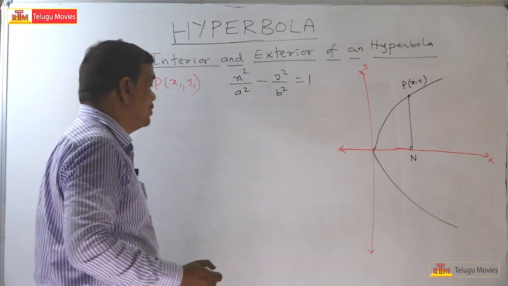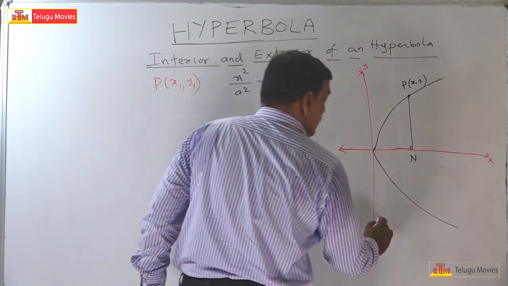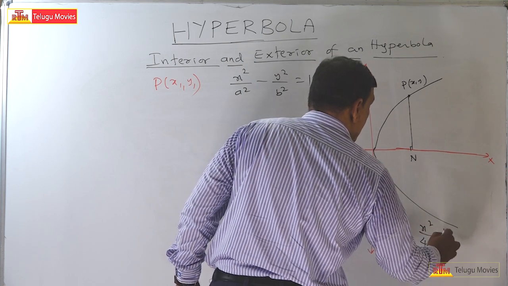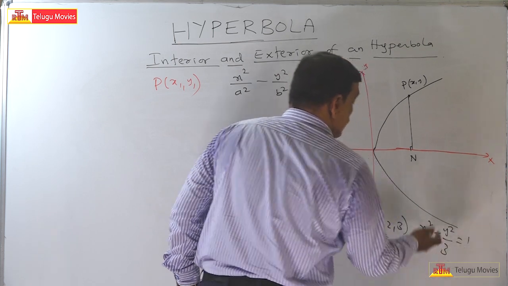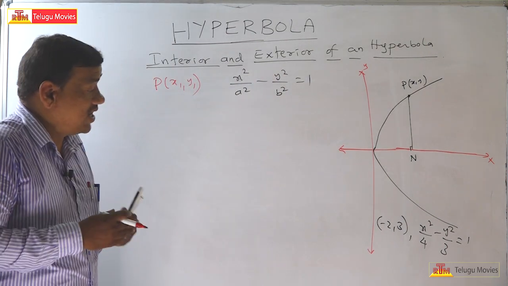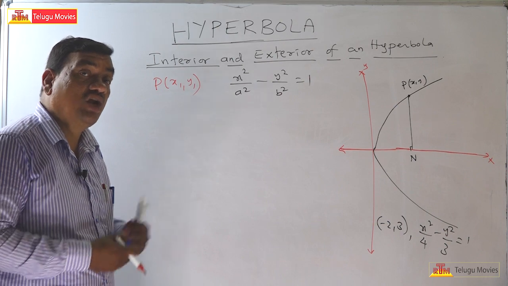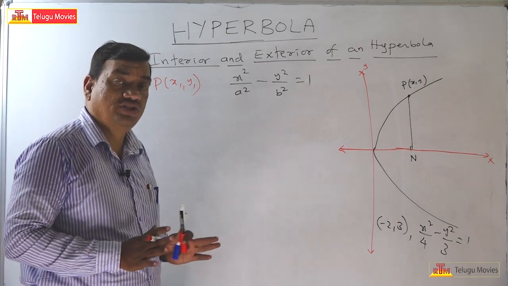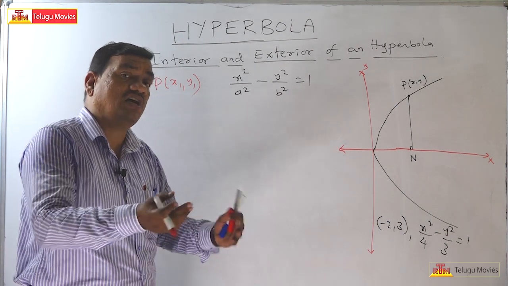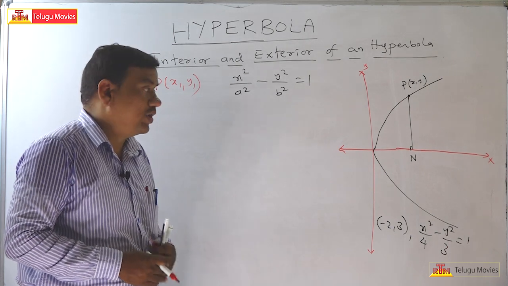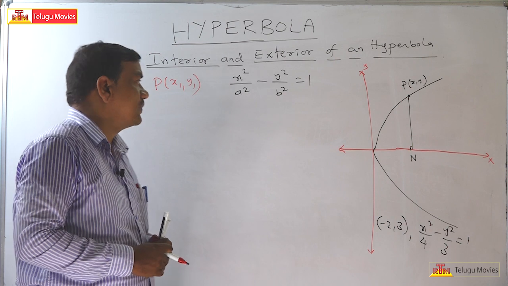For example, you are given the point (-2, 3) and the hyperbola x square by 4 minus y square by 3 is equal to 1. With tracing the graph, anybody can tell. But without tracing the graph, how to decide? That we are going to see here.